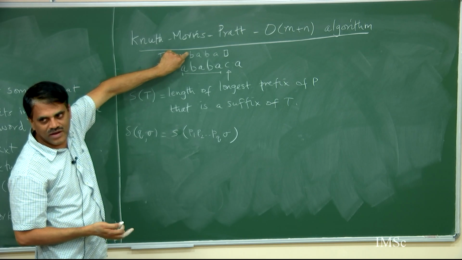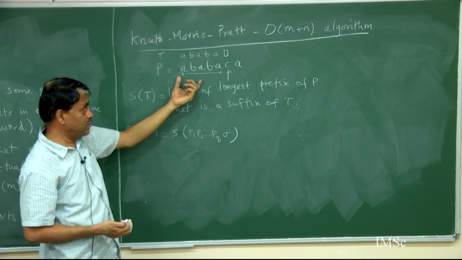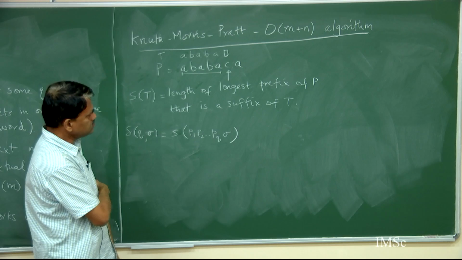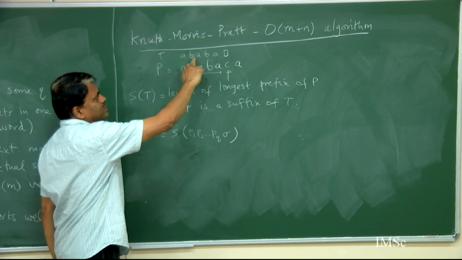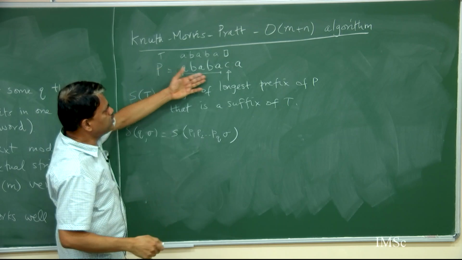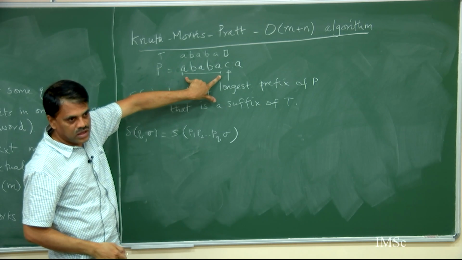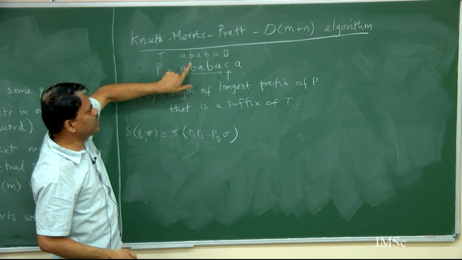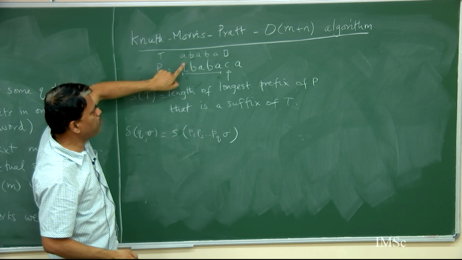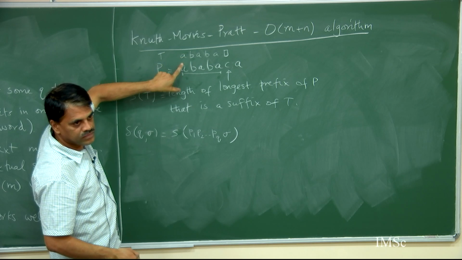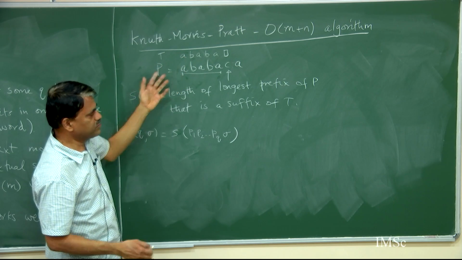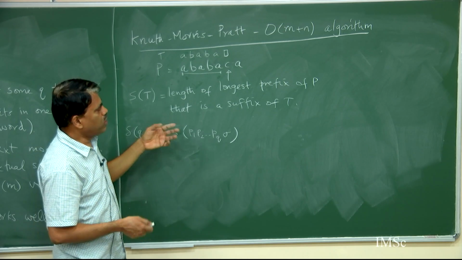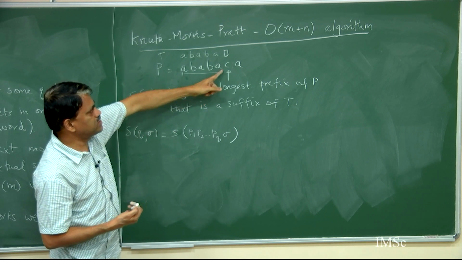But looking at the pattern, we know what this character is, right. If I matched up to this point, then from my pattern I know that this character is B. So, there is no point in trying this. Basically you are given the pattern, what kind of knowledge can you gain by saying there is a mismatch somewhere.